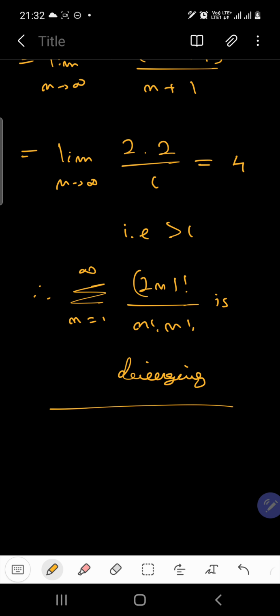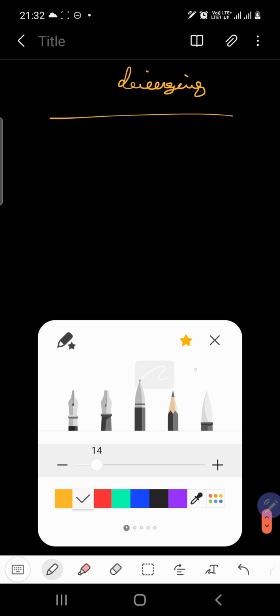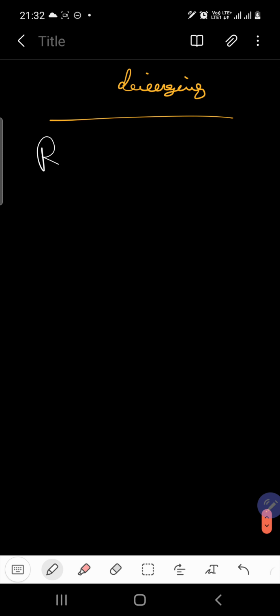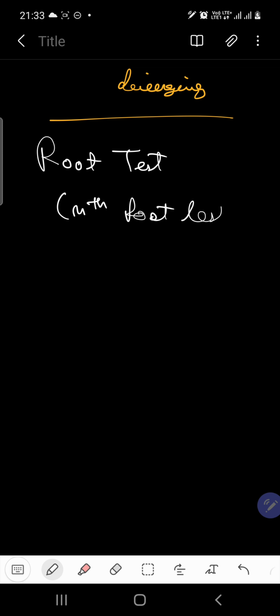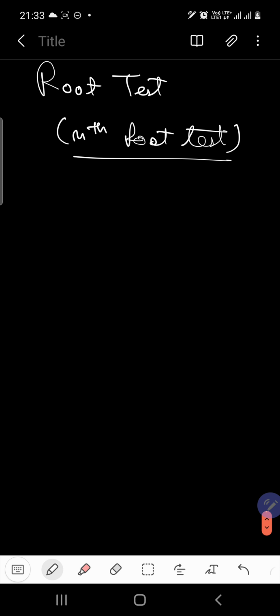Okay. Let's check the next test, which is the root test. Better call it the nth root test.